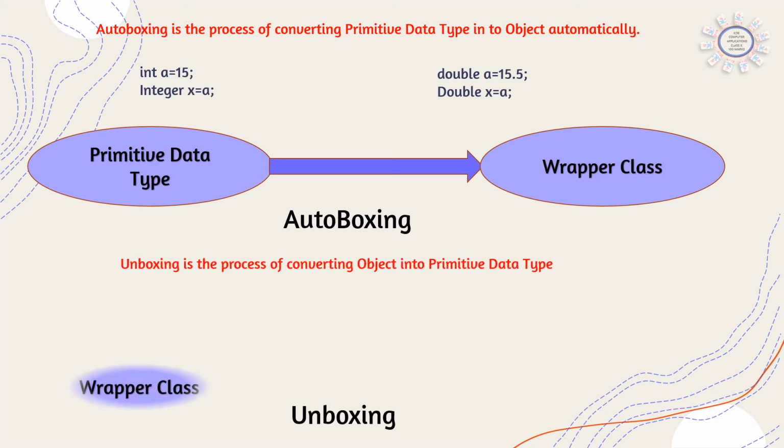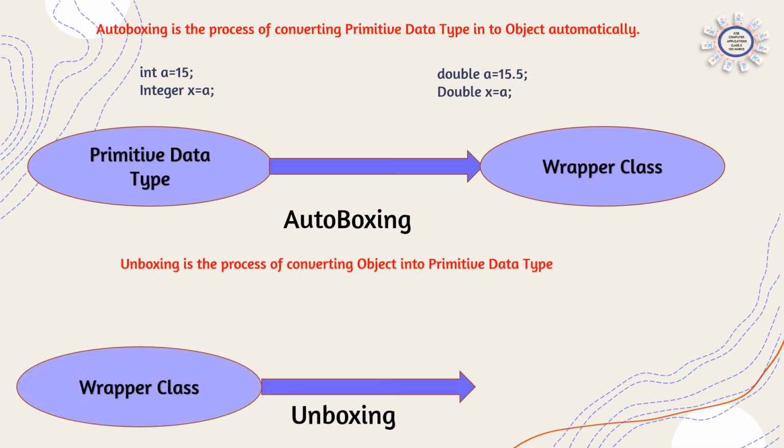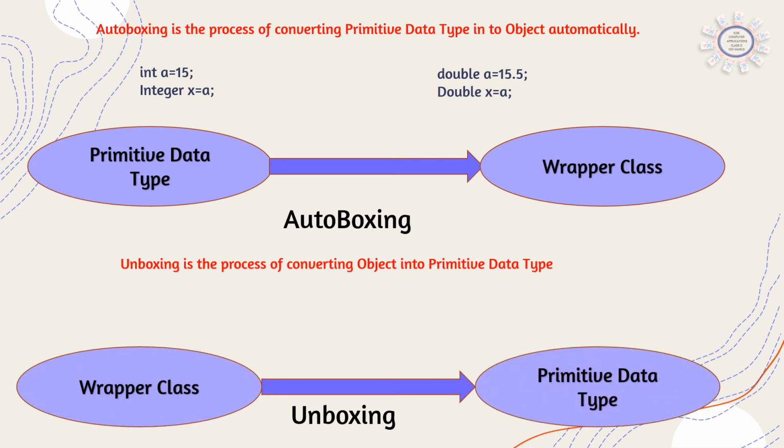And now unboxing. Unboxing is the process of converting an object into a primitive data type. That means the reverse of autoboxing. The wrapper class object will be converted into a primitive data type. So here we can say Integer x is equal to 51. It is the object. And for converting into the primitive data type, int b is equal to x.